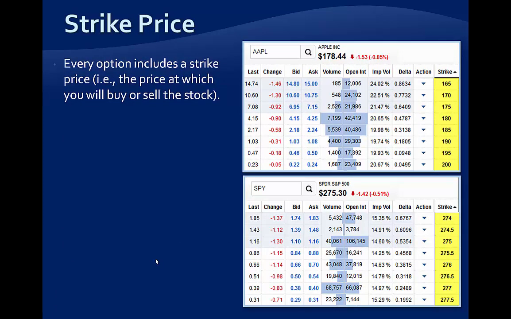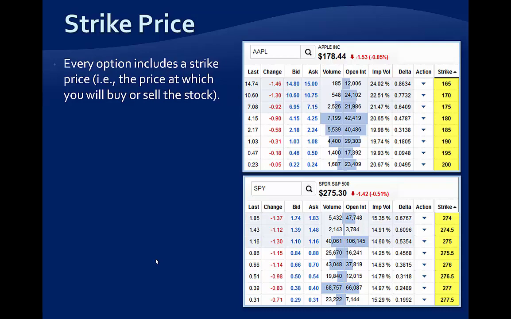Now, as we look at strike prices, I mentioned that there's a striking price, a deal price. Every option includes a strike price, and you get to choose exactly what you want to trade and when you want to trade it. So you can pull up whatever expiration you want. It can be a week away, it could be a month away, it could be a year away. You get to choose your expiration date.